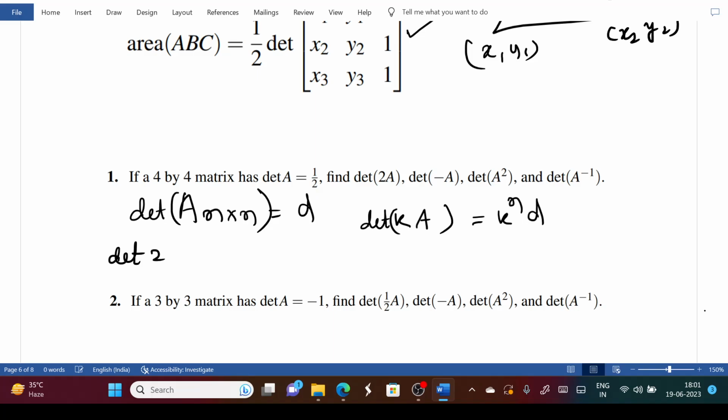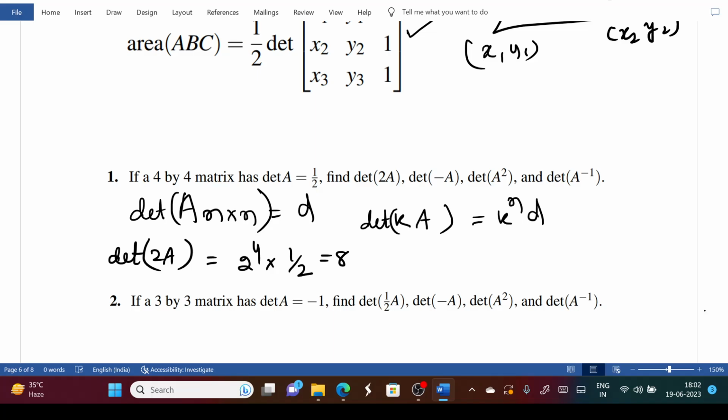Determinant of 2A will be 2 to the power 4 into determinant of A, that is half, that is 8.